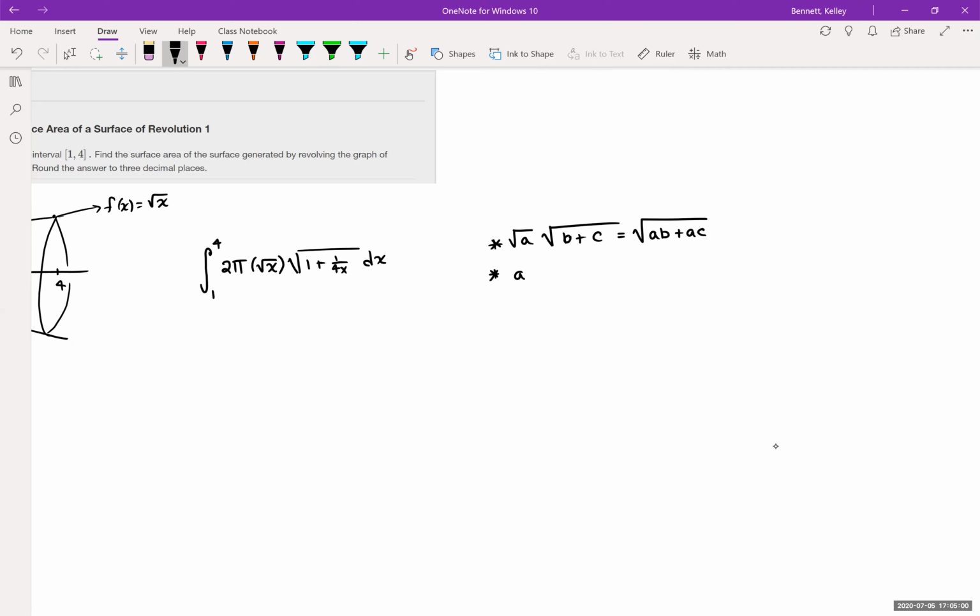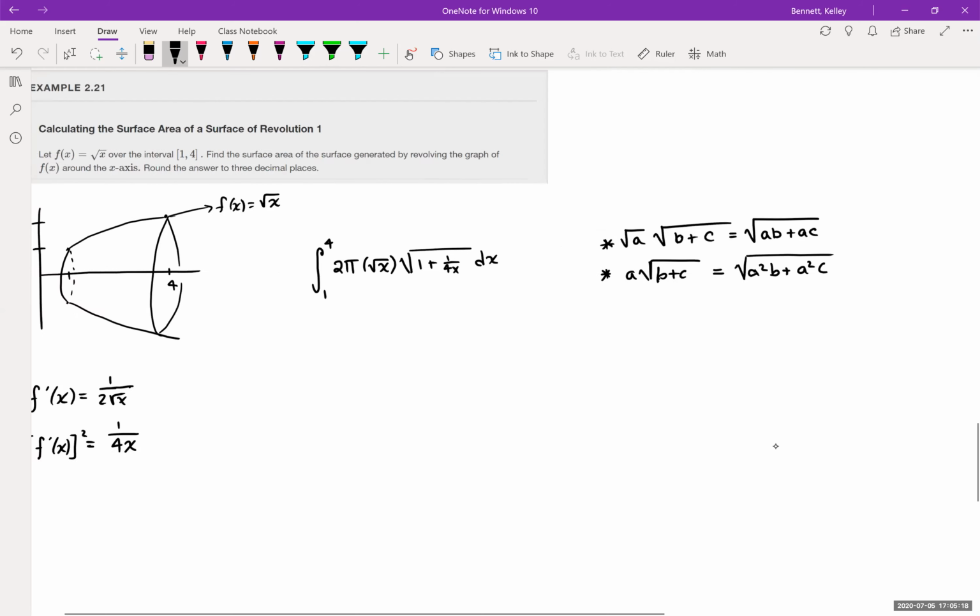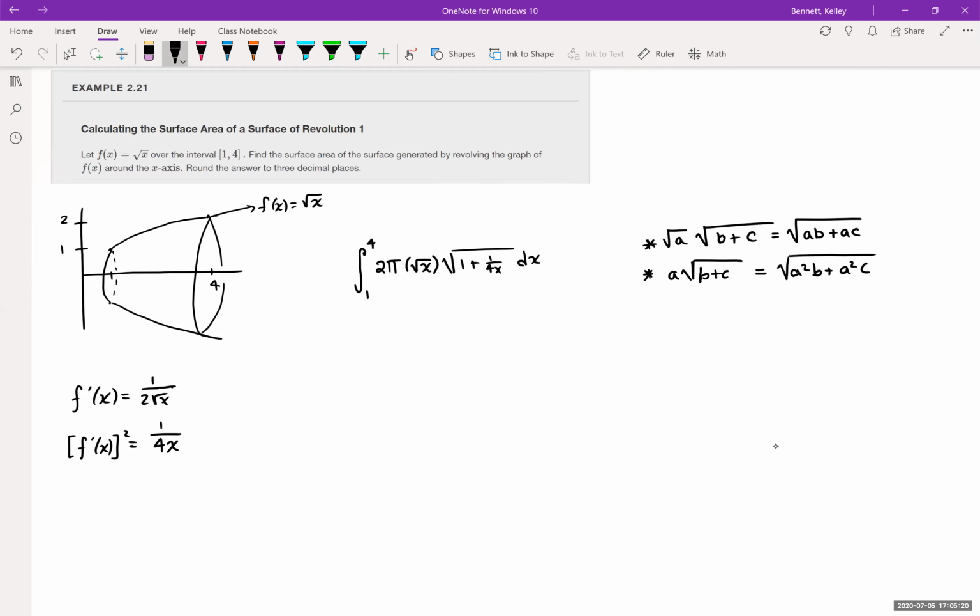Alternatively, I'd have a squared b plus a squared c. So I'm going to go ahead and use the first line that I said. So I have 2 pi, and inside my radical, I'm going to get x plus 1/4.